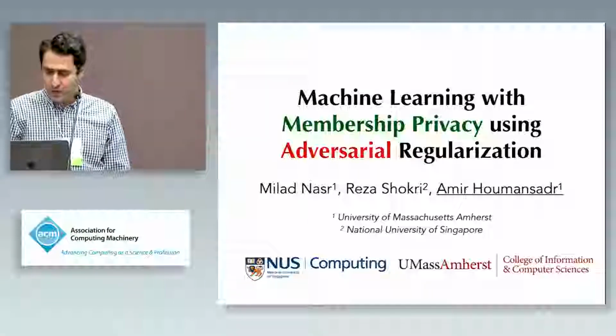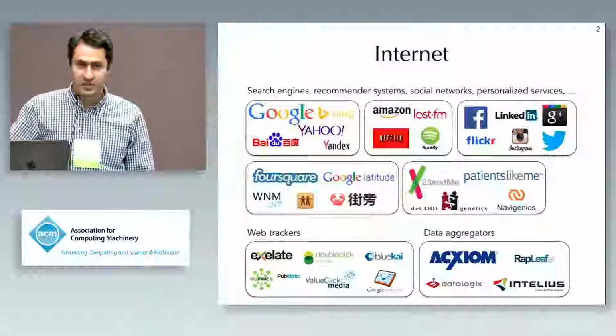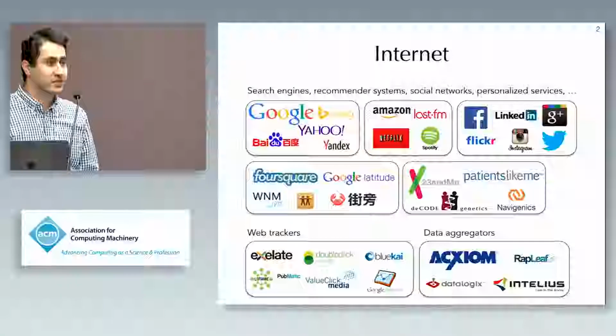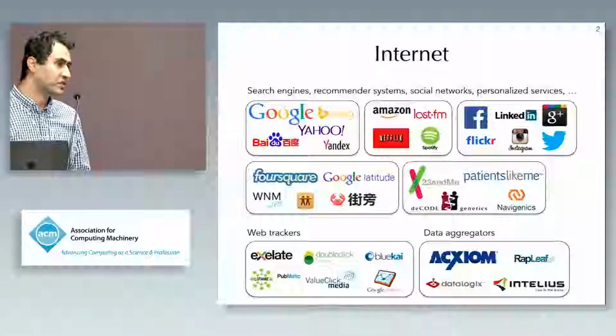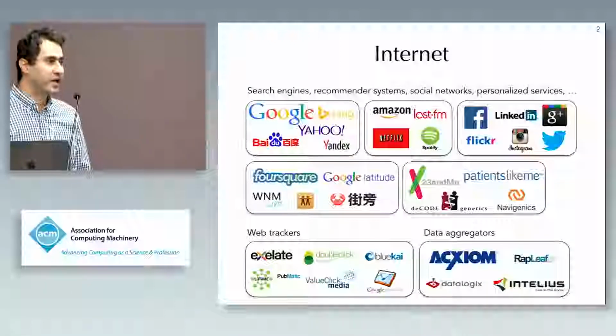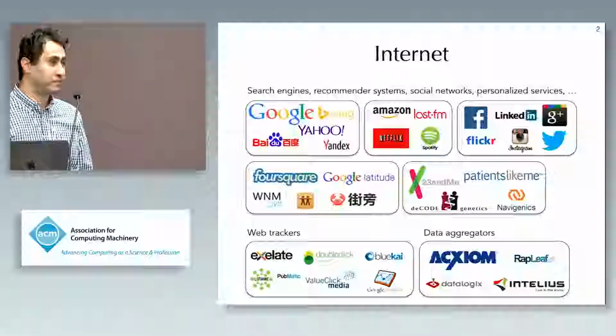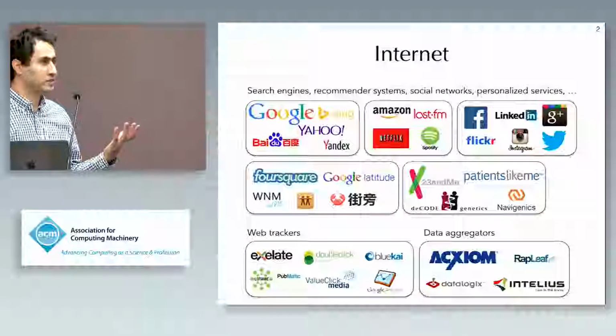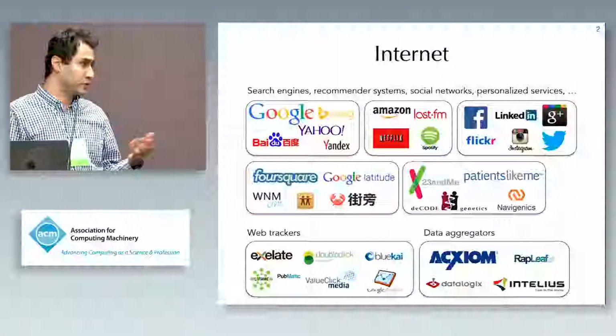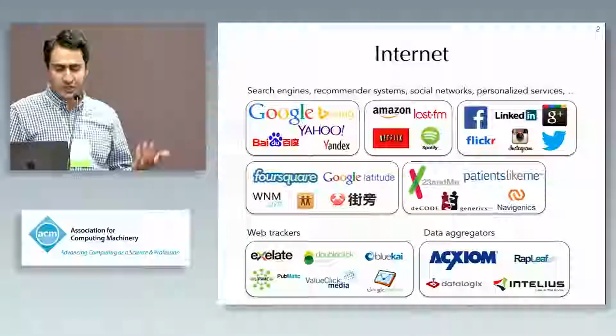Like was mentioned in the last talk, machine learning systems have found their way into many internet services, and a lot of the apps and systems that we use leverage some kind of machine learning model at the heart of their operation.